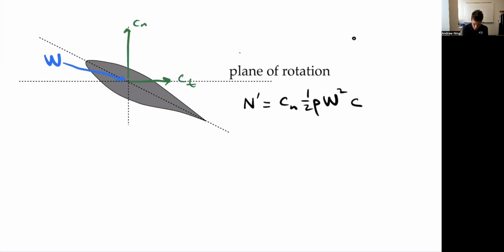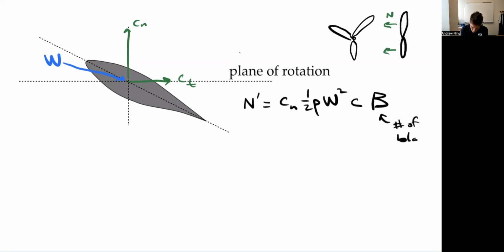Okay, so let's say I've got this propeller. Here's the front view, right? So it's got a couple blades, and then here's the side view of this propeller, and each blade is generating this normal force in this direction. So my total normal force is actually going to be multiplied by B, where B is the number of blades. Right, so if I had one blade, that would be it. But if I have three blades, then in this simple case, let's say they're all the same inflow conditions.